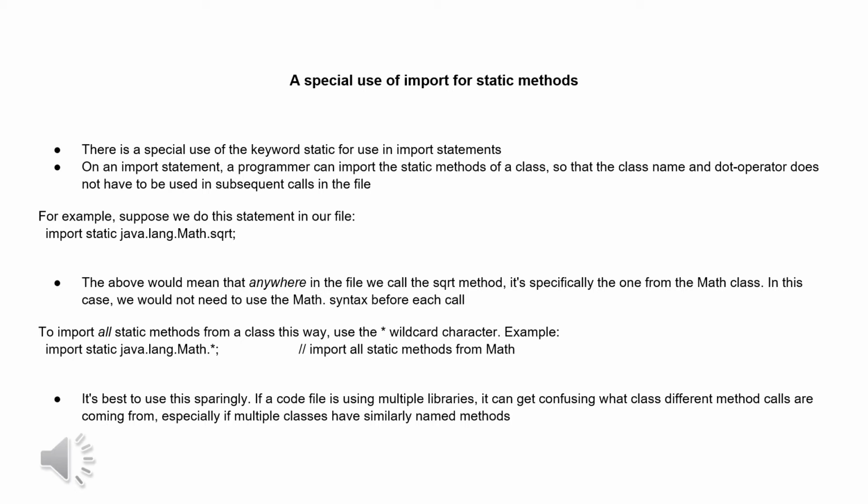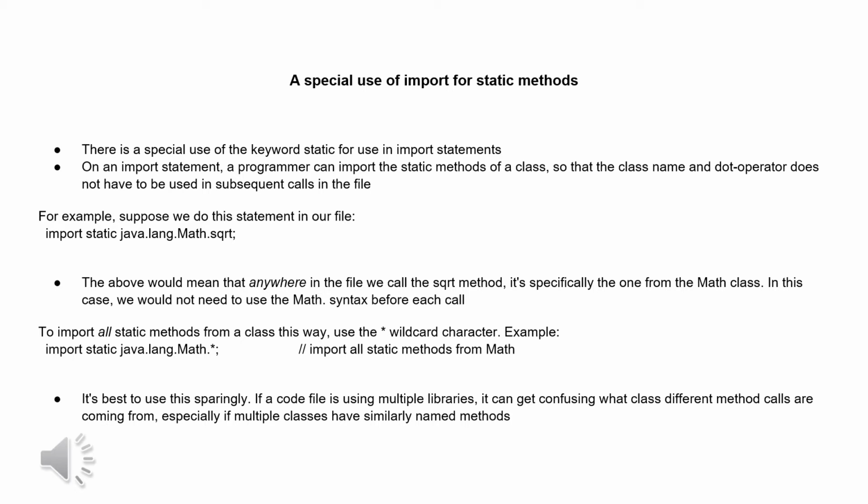It's very tedious to write down the name of that class each time, right? So there is a solution for skipping the class name and dot operator before the name of the method. How? By importing the static methods of a class.